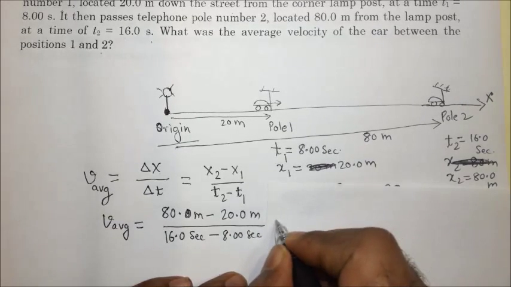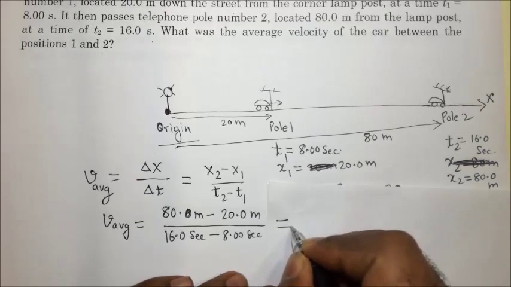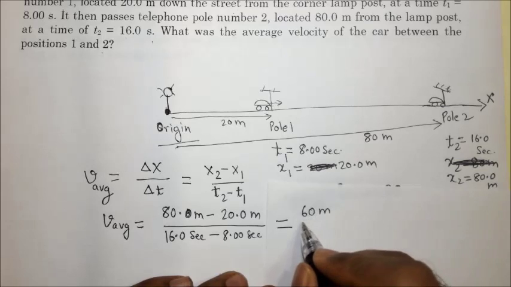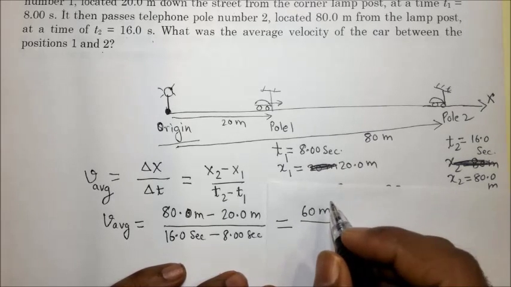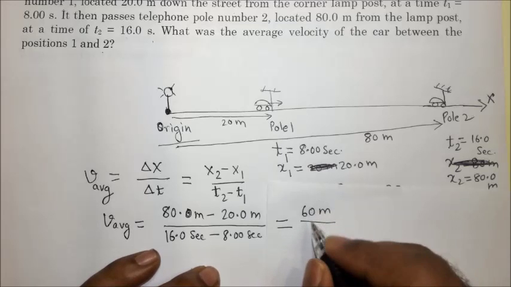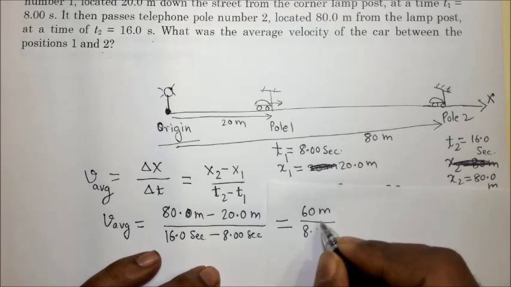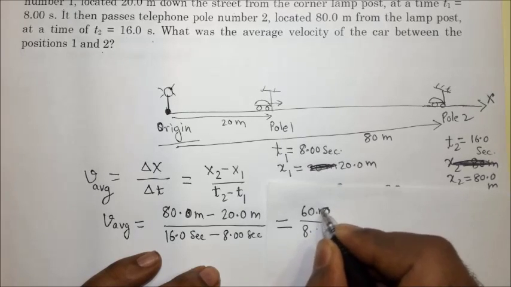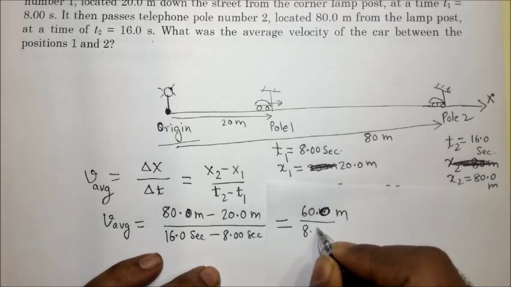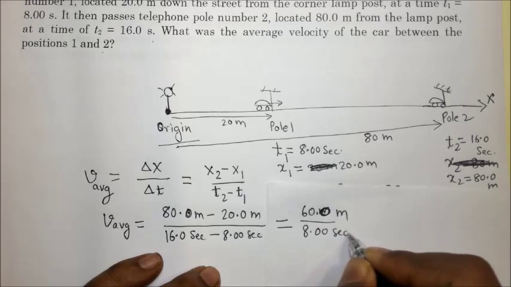So what you get equal to 60.0 meter over 8.00 second.